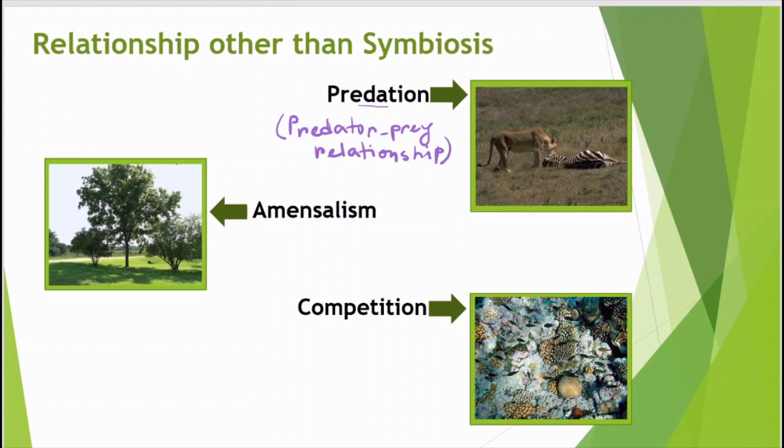Many people often think predation is symbiosis, but it is still under discussion. According to most scientists, it is not, as one organism is killed. Here, like the relationship between the lion and the zebra.